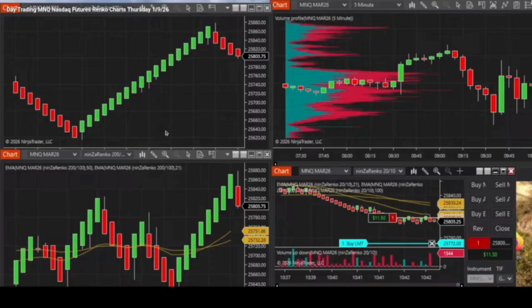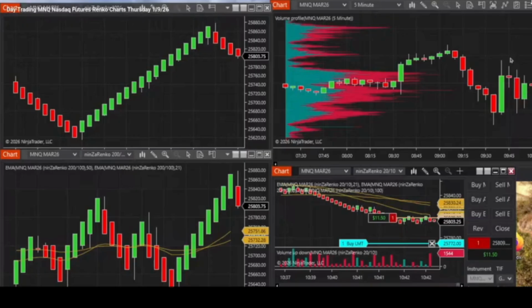If you didn't see the last video, this is the 100 range Renko bar, Ninzarenko on Ninjatrader. This is the 200. This is just the 5-minute with the volume profile. And this is the 20, which we've been watching. It's a little bit of a crazy day right now because you have this big move down and this move up.